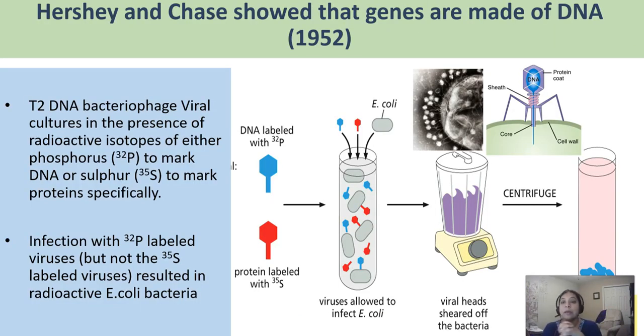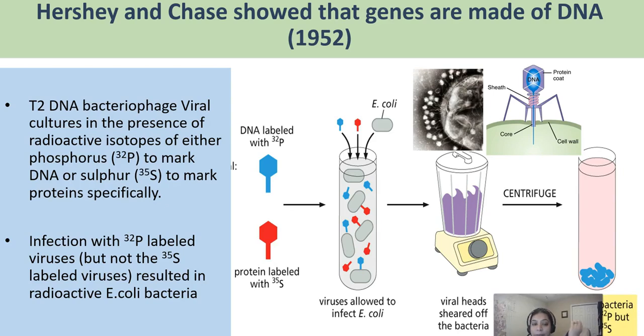So a few years later, Hershey and Chase showed conclusively that DNA was in fact where genes were found in the system. In their experiment, they were again working with bacterial cultures, but this time with E. coli, and with a particular type of virus, a bacteriophage, so a virus that will specifically infect bacterial cultures.